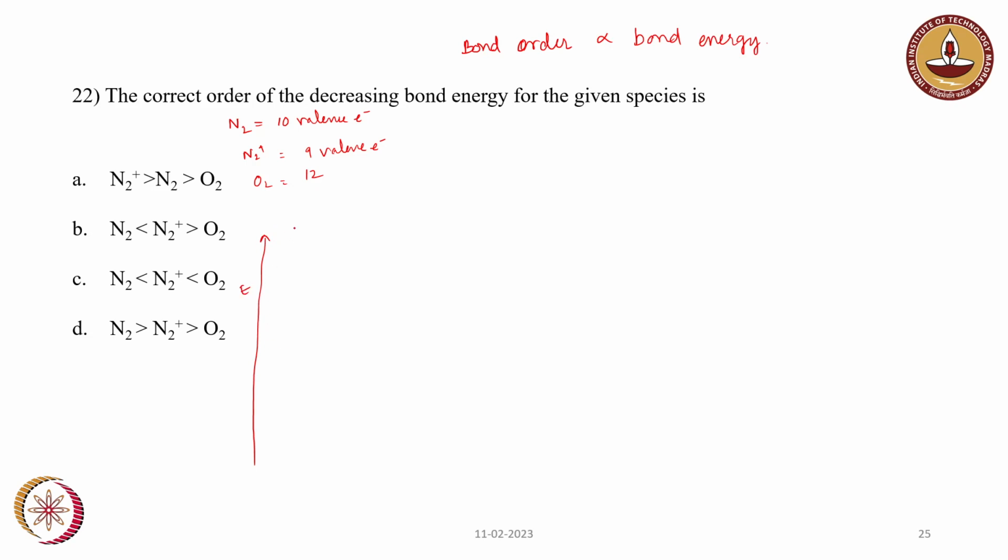So first we'll do the N2. In N2 there are 10 valence electrons.